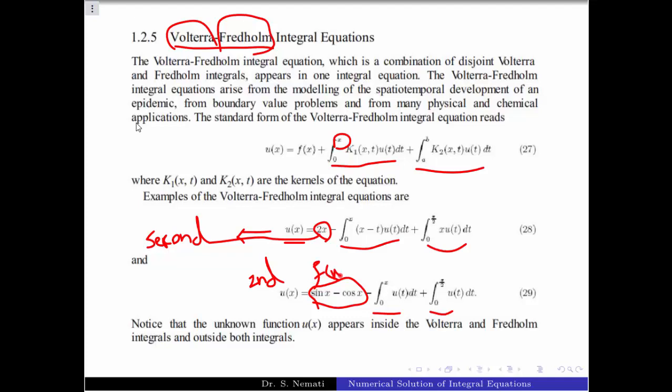So if I want to describe this integral equation, I can say that we have a second kind inhomogeneous Volterra-Fredholm integral equation.